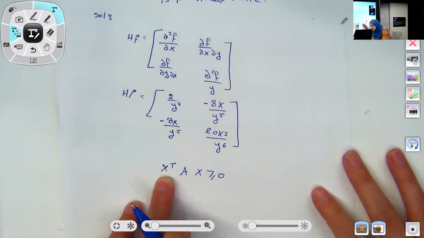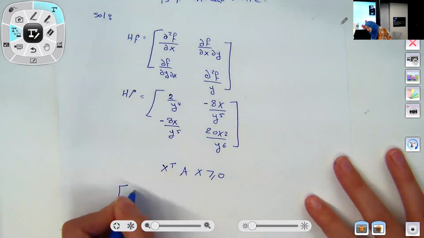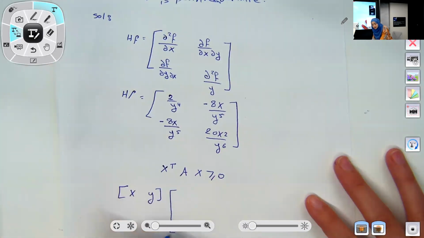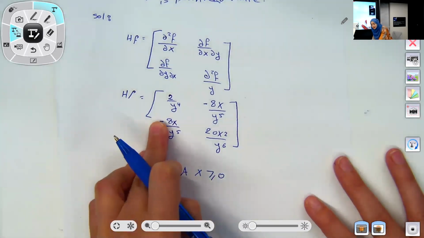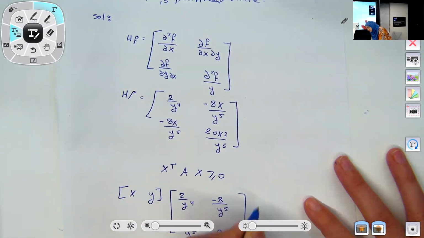Suppose that the vector X here is (x, y). So we need to prove that the vector (x, y) multiplied with the Hessian matrix, which we found, which equals 2 over y to power 4, minus 8x over y to power 5, and here minus 8x over y to power 5 and 20x squared divided by y to power 6, and all of these multiplied with x and y.